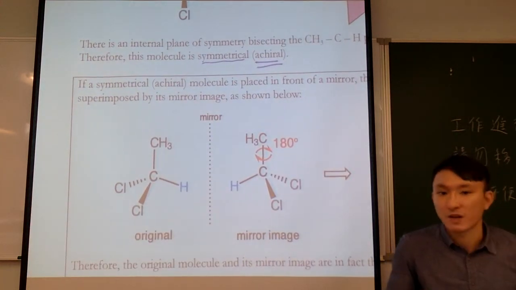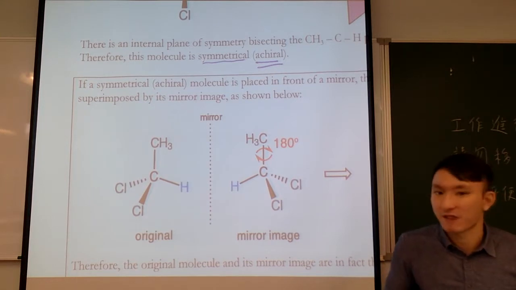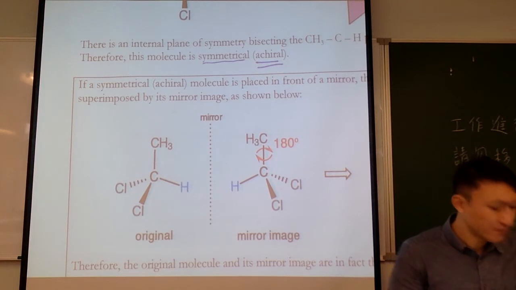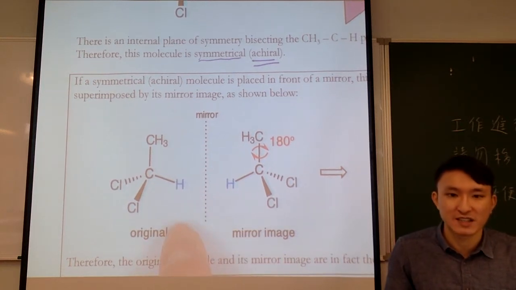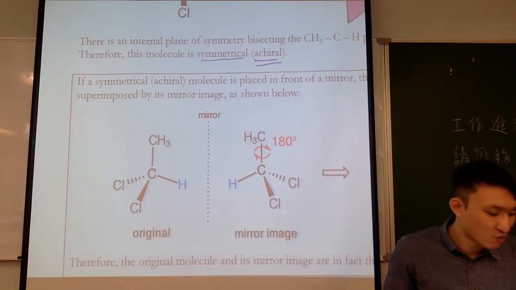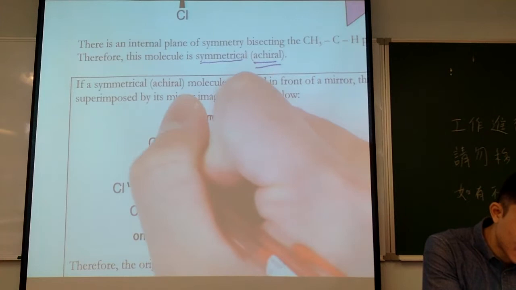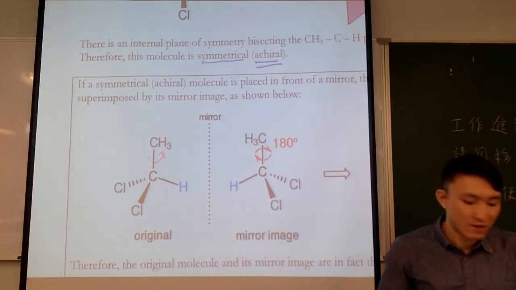So this is what we call the mirror image. If you are not sure what the mirror image looks like, get yourself a mirror and find it yourself. Now, you notice this mirror image is formed when you rotate this C-C bond 180 degrees, then you will form this one.